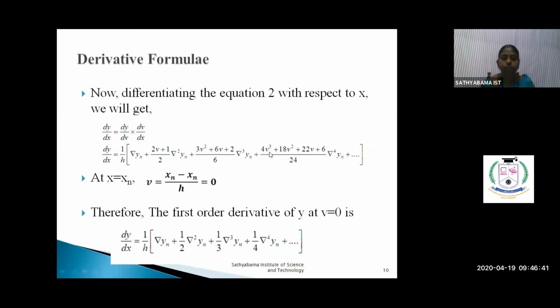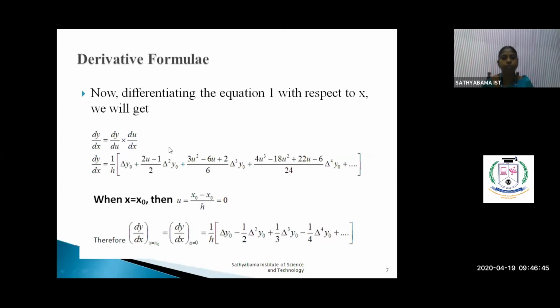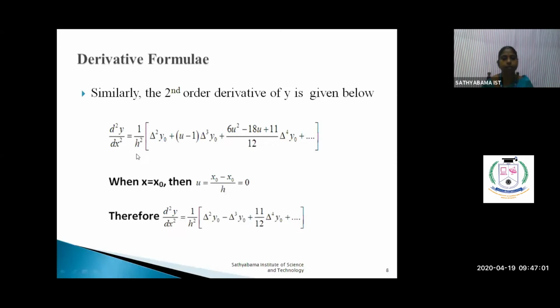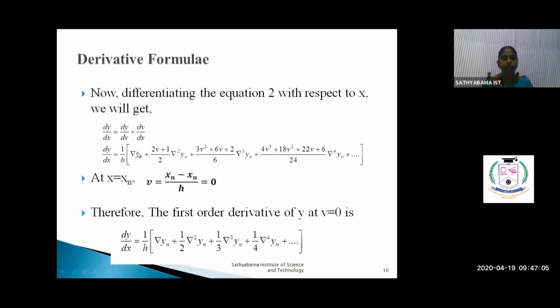You see that this is the first order derivative formula, as with Newton's forward. Look at the difference between forward and backward difference. Instead of u, here we used v. Instead of delta, we used del.